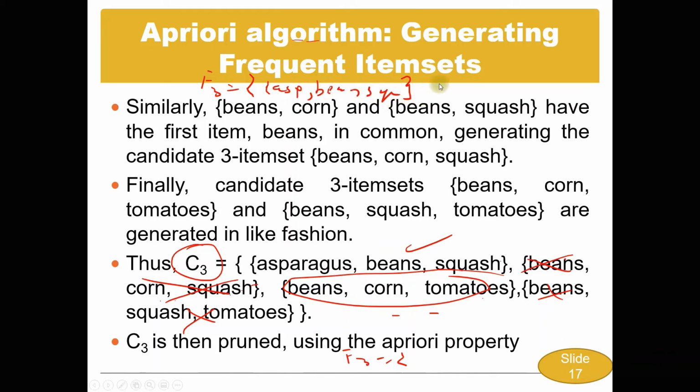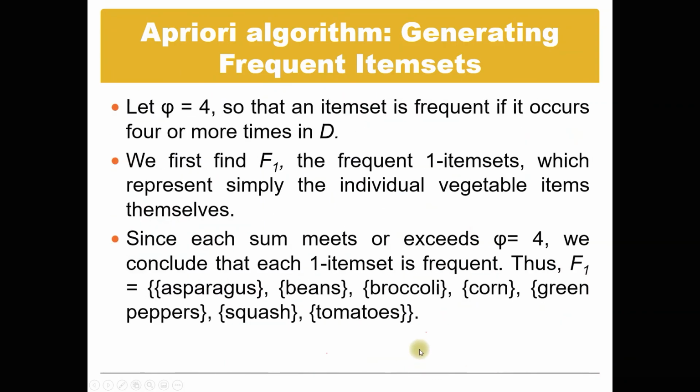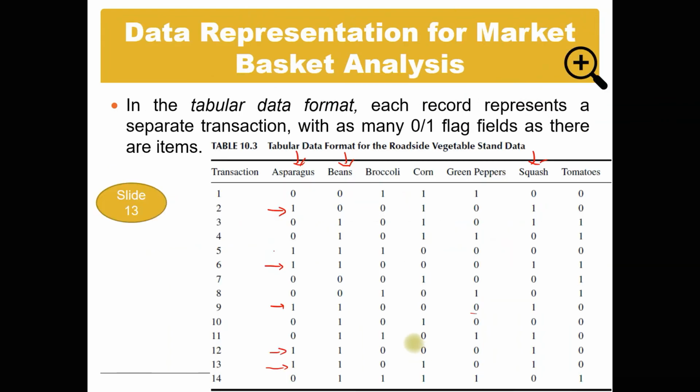What's the next step? Have a look at bean, corn, tomato. Does it satisfy the threshold? So let's have a look at bean, corn, and tomatoes. We have 1 time that they occur together.